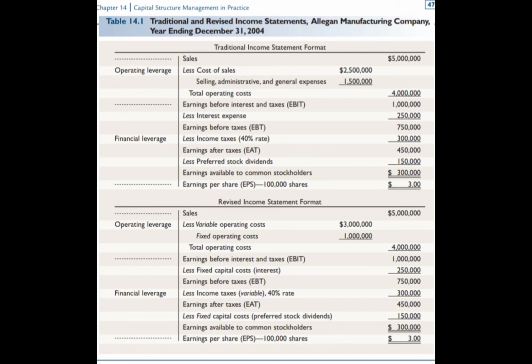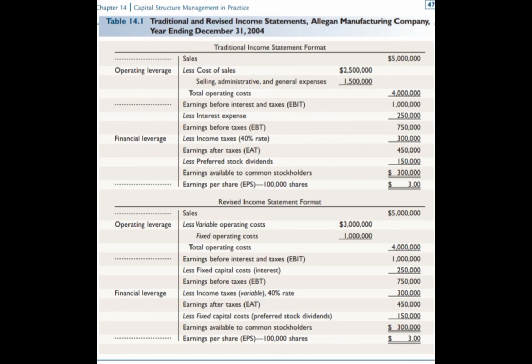Ang selling, administrative, and general expenses na ay $1,500,000. So, i-add ning cost of sales o ang selling, administrative, and general expense na total nga 4 million. So, i-minus nimo siya sa $5 million na akay earnings before interest and taxes, EBIT nga 1 million.